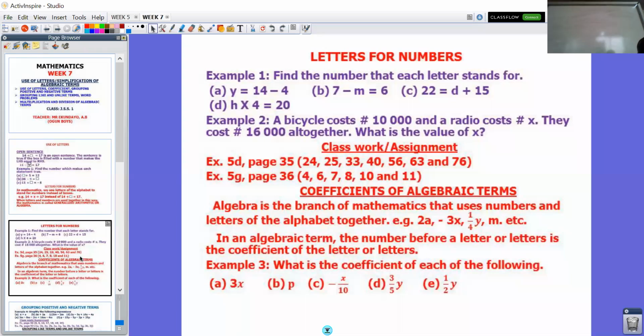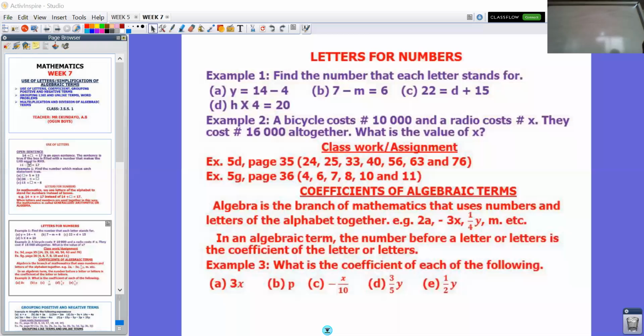Write only example 1 on this slide, because example 1 is A to D.